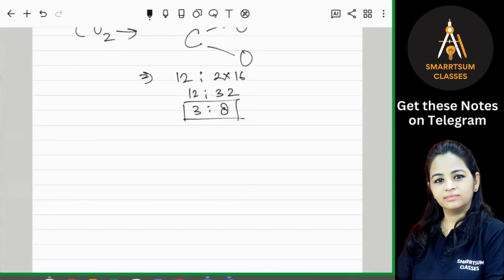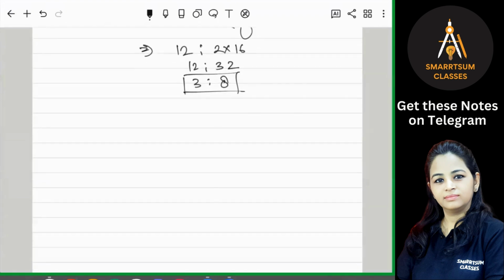So we can also find the percentage of any element in a given compound. Write down: percentage of any element in a given compound. And how can we find it?